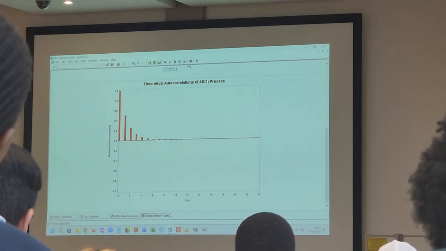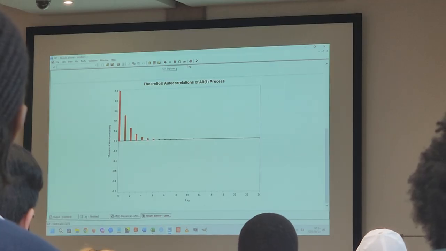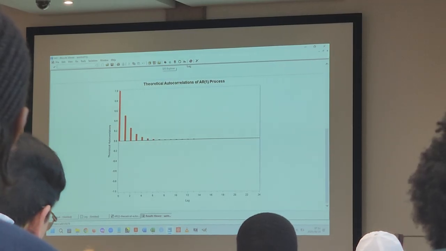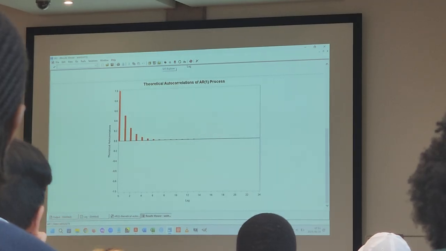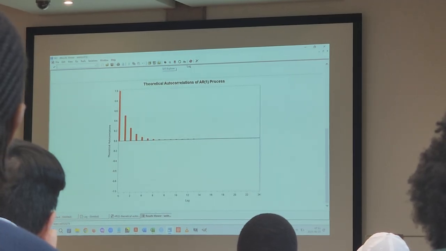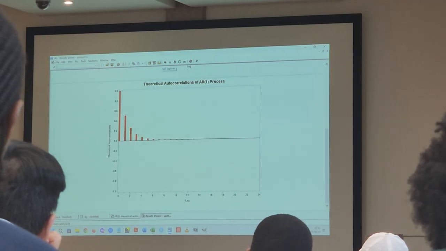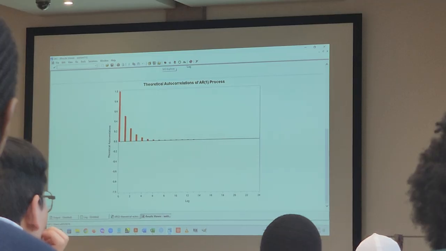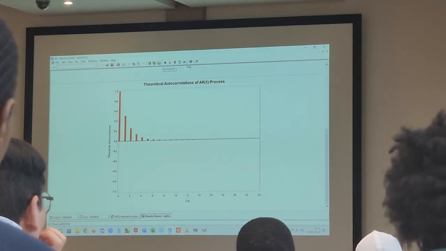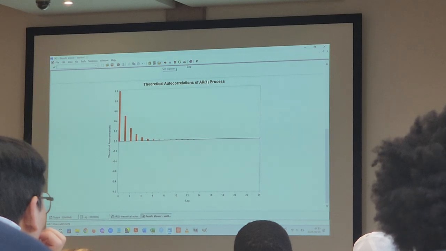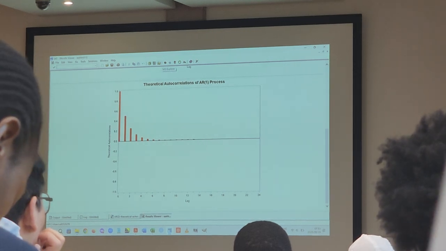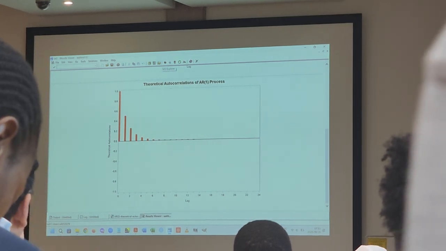So now my theoretical autocorrelations are defined as, you can look in the model, for an AR1, we get rho k equal to 0.5 to the power k.